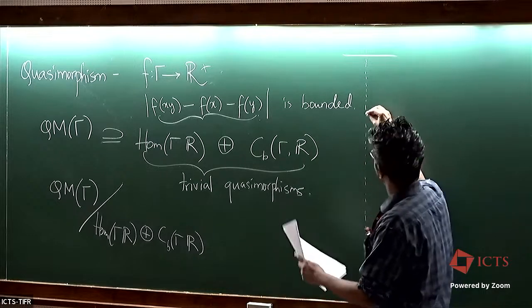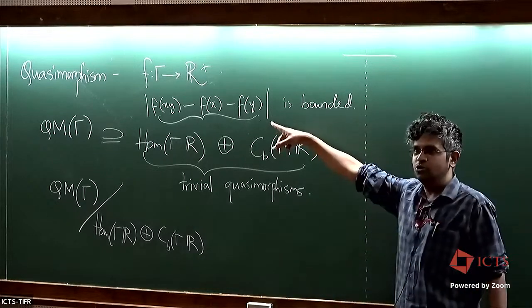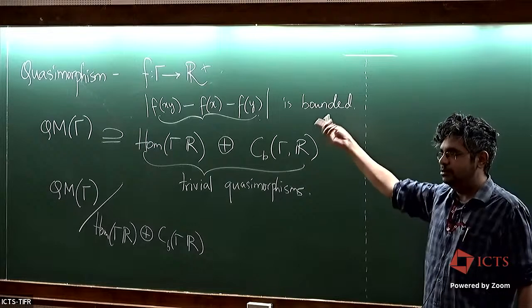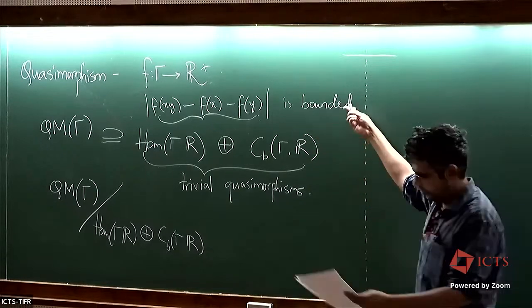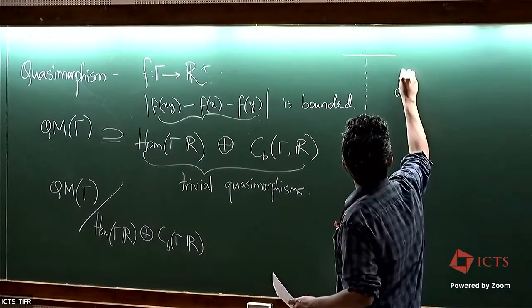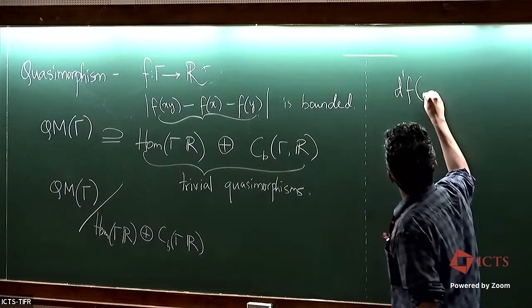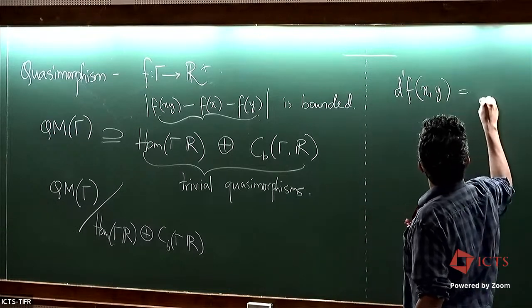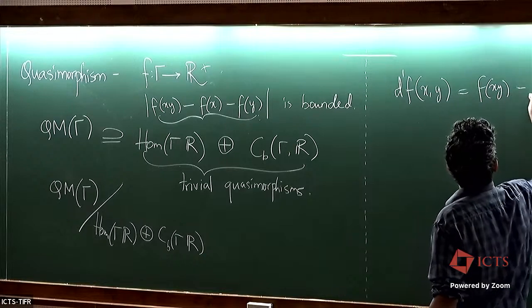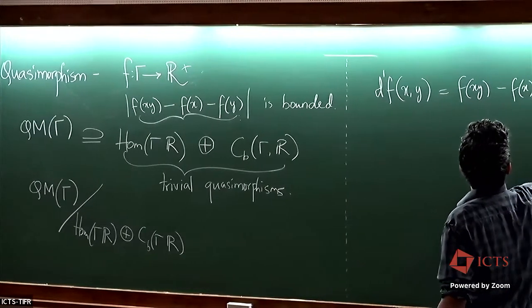So f is the function that you start with, and look at this as a function. This actually looks like a 2-cocycle. Actually, it looks like a 2-coboundary, in fact. So this actually looks like d1 of f. d1 of f of xy is f of xy minus f of x minus f of y.